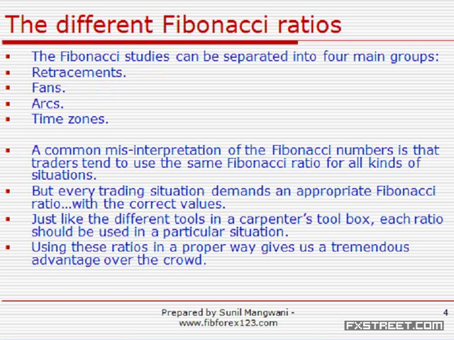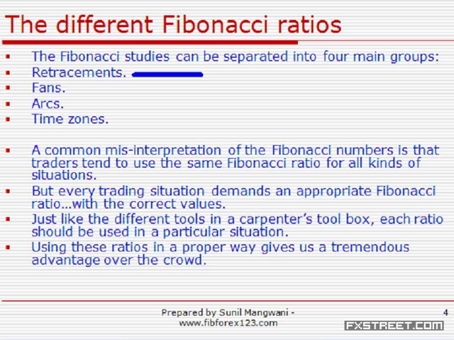Now, a very common misinterpretation is that most traders tend to use the same Fibonacci ratio, which is the retracement. I have seen traders using only a retracement for all kinds of situations, but every situation demands a different fib ratio. And with the correct Fibonacci ratio values, 38.2, 50, 61.8, these are the standard ones which are available even on your standard charting platforms.